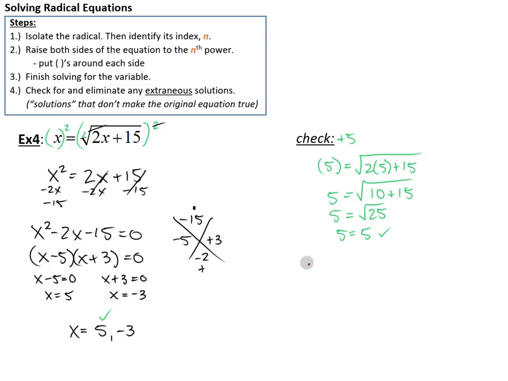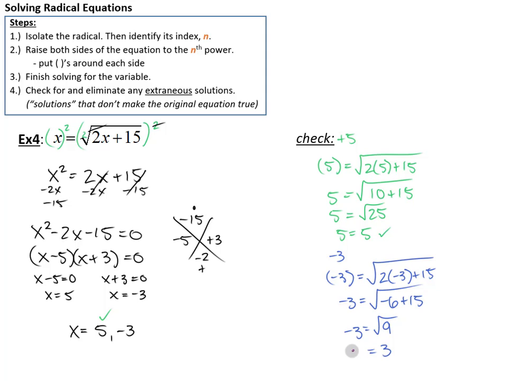Let's try negative 3. Does negative 3 work? So negative 3 equals the square root of 2 times negative 3 plus 15. Well, this side is really just negative 3. Multiplying in there, we get negative 6, and negative 6 and 15 give me 9. The square root of 9 is 3.